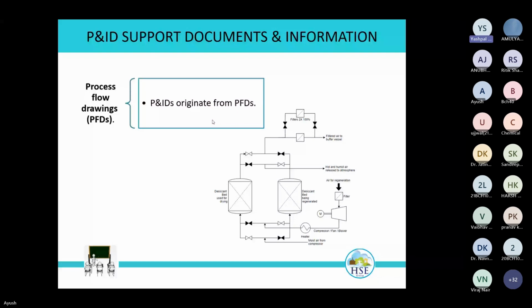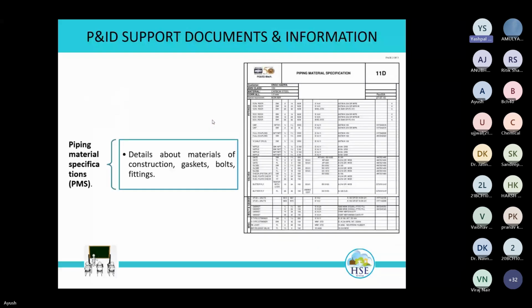Next one please. The PFD, you have already seen what the PFD is, so again you can find it here. Then, of course, we need the piping material specification for the P&ID. What do we normally have in the piping material specification?